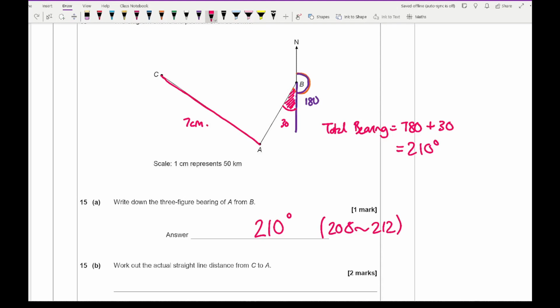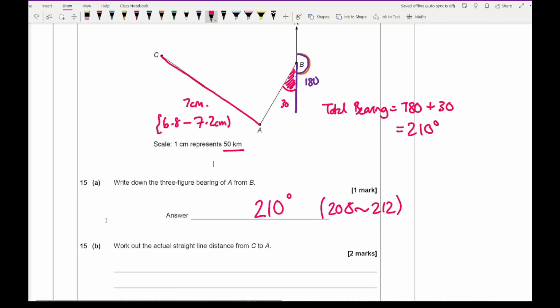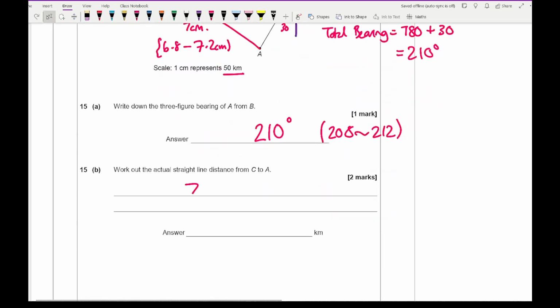They would again accept any answer between 6.8 to 7.2 centimeters, and then we need to multiply that by 50 kilometers. So we've got 7 times 50, or your distance multiplied by 50, so I get a total distance of 350.